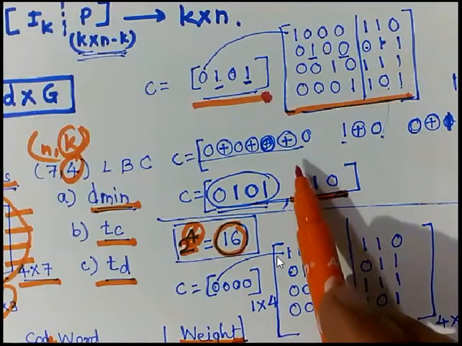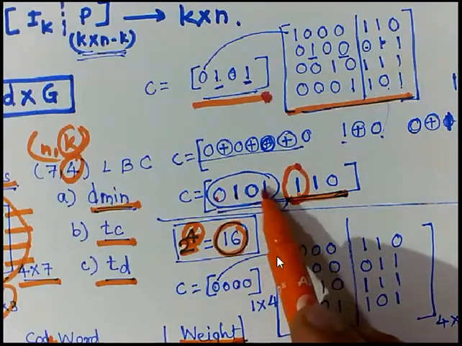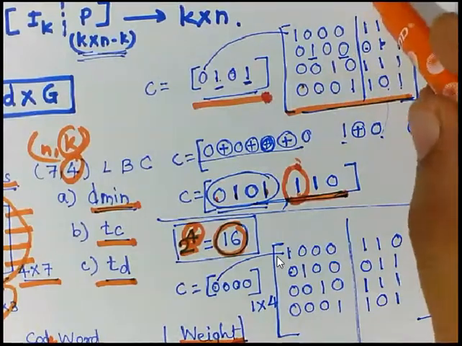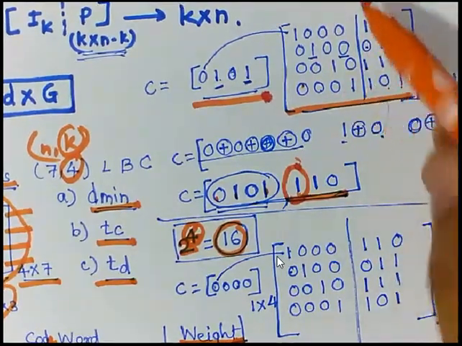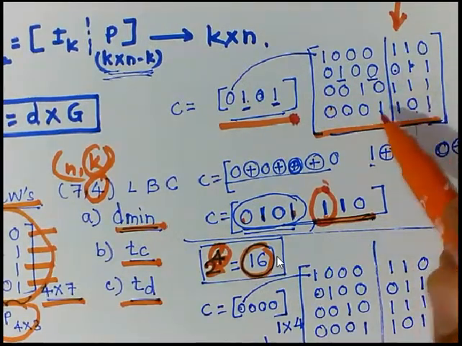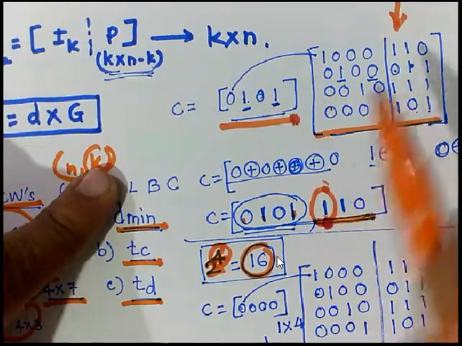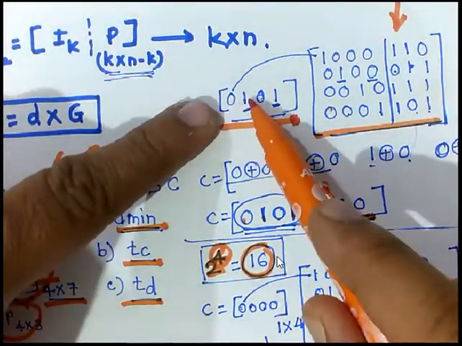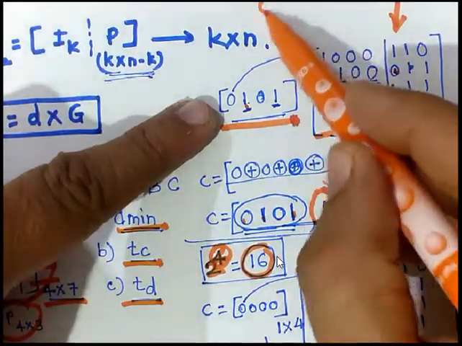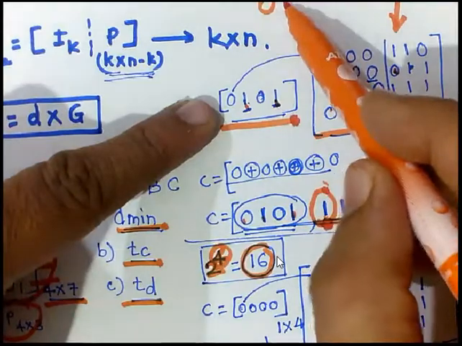Let's have a revision of how exactly this is obtained. Since it is the first, second, third, fourth and fifth location bit, when we multiply it with the fifth column, this particular column, we get this particular bit. Let's check how exactly this bit is obtained. I will just concentrate on 1 into 0, which is 0, and this one is 1 into 1, that is 1.